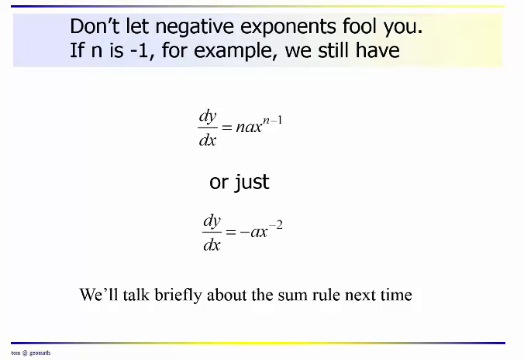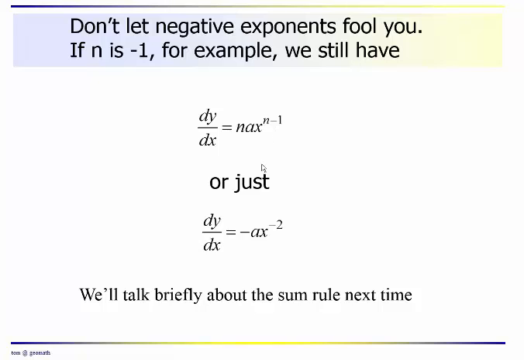Something else not to get fooled by is, if the exponent is negative, there is a special case that we have to worry about. We'll come back to that and talk about it later. But when the exponent is negative, we do the same thing. We have a function ax to the n. We'll bring our n down in front, reduce the exponent by 1.